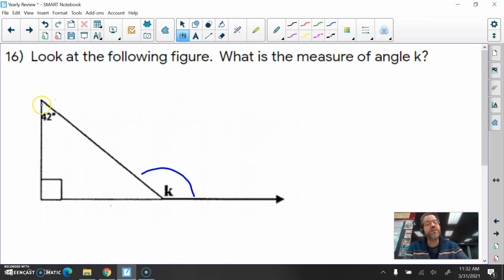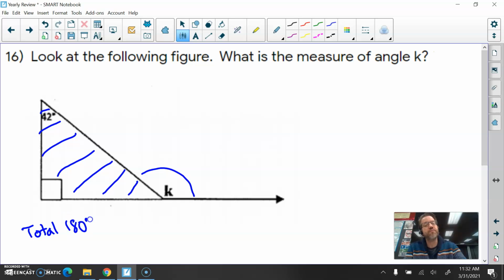First of all, if you look just at the triangle here, we know that the angles inside of a triangle always have to total 180 degrees. And I know this angle here is 90 degrees. That's why we have the box here in the corner showing it's a 90-degree angle. And we know this angle up here is 42 degrees.